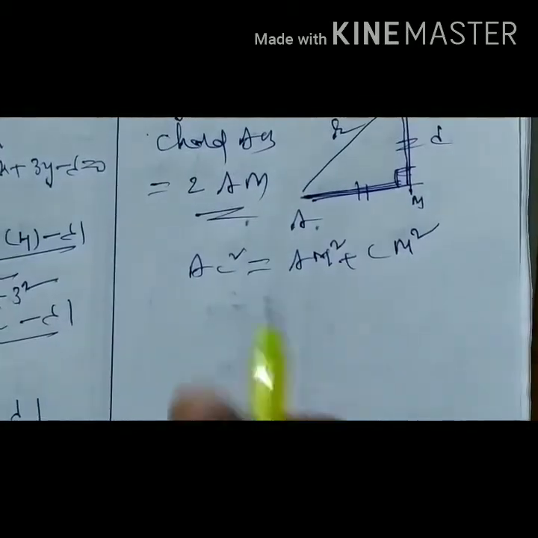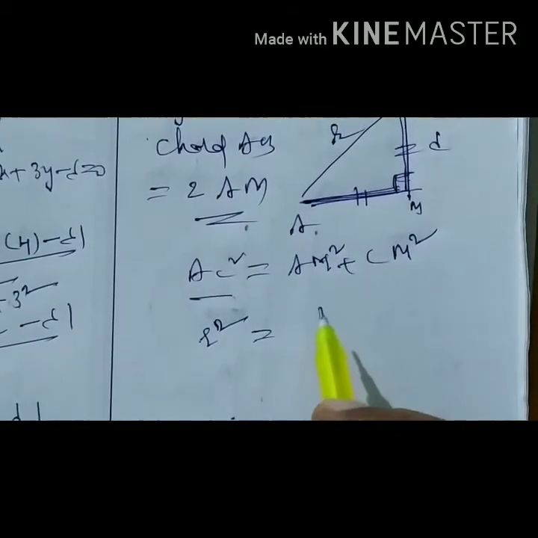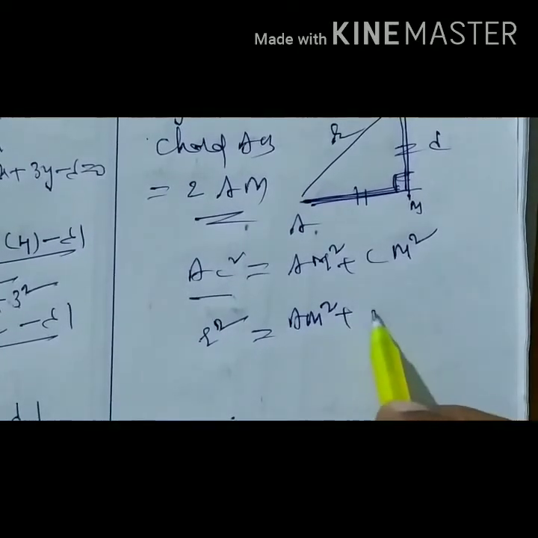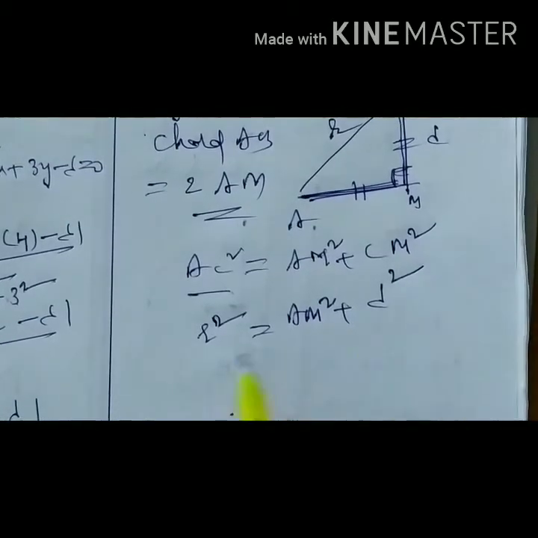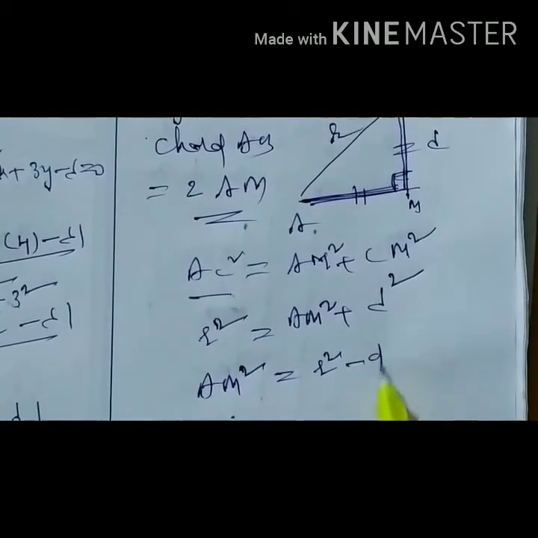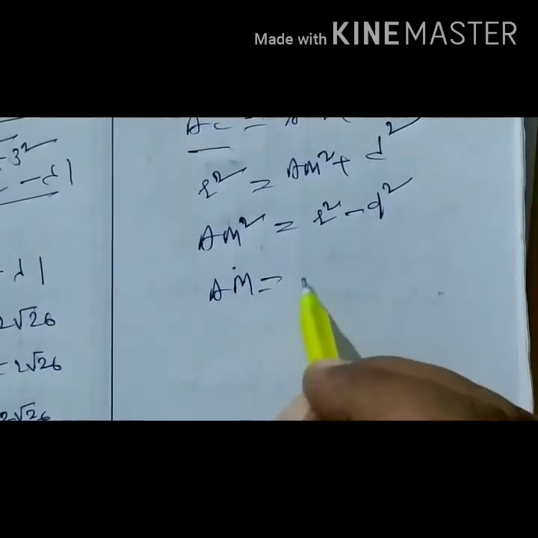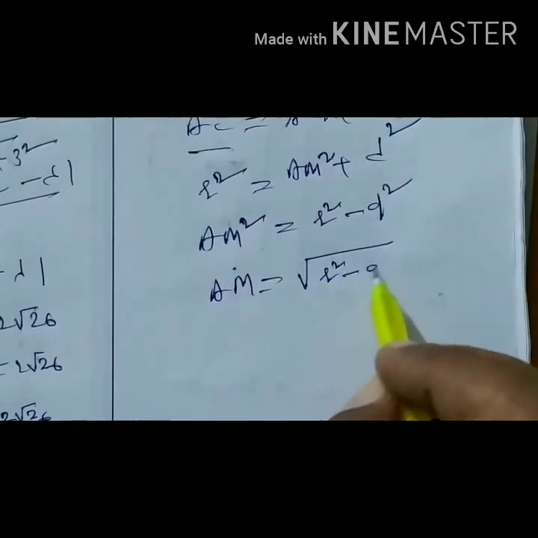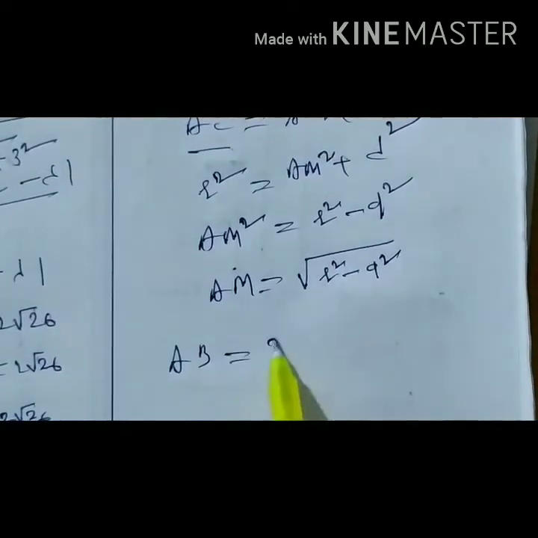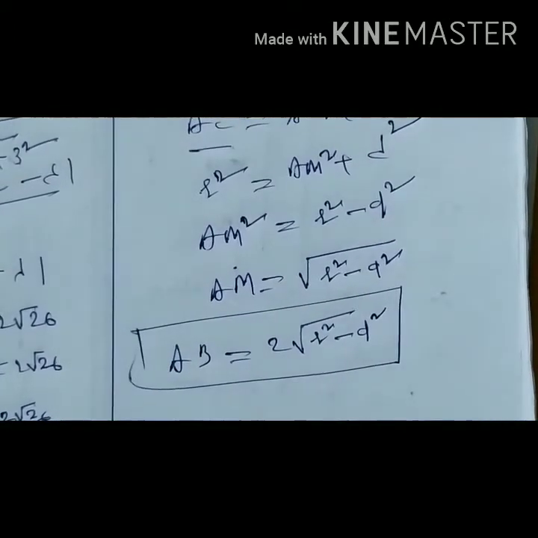Here AC square means R square is equal to AM square plus CM square, where CM is the perpendicular distance D. That implies AM square is equal to R square minus D square, so AM is equal to root over R square minus D square. But we know the length of the chord AB is 2 AM. That implies AB is equal to 2 into root over R square minus D square, where D is the perpendicular distance.